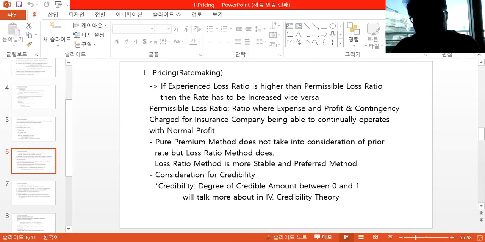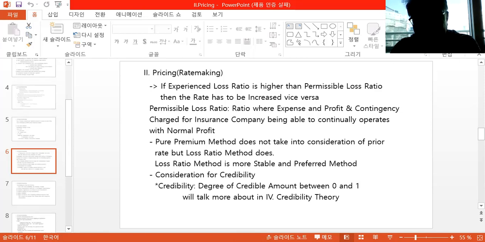Here, the permissible loss ratio is the ratio at which the expense and profit and contingency are covered so that the insurance company can continue to operate with normal profits. So if the ratio is the permissible loss ratio, then the company only earns normal profits.